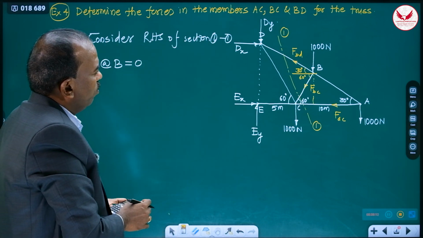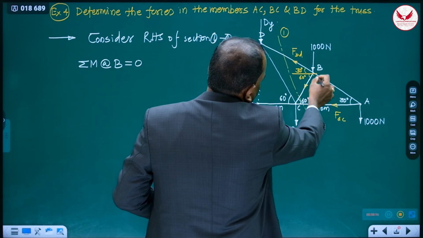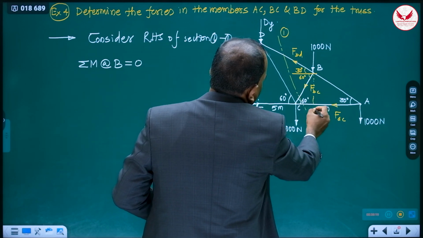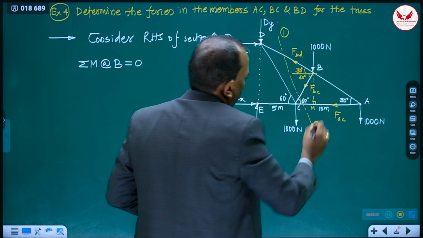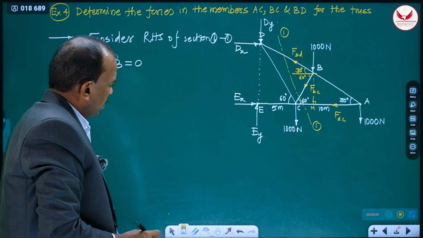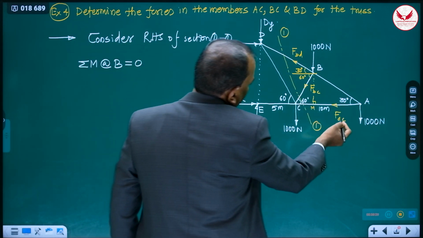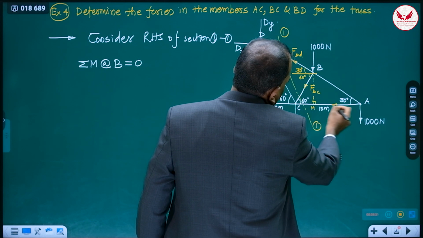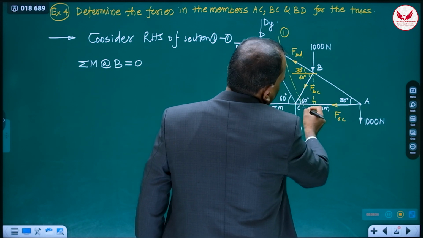And how can we calculate it? Now, what we know is this vertical distance; let us consider this point is M. For taking the moment, we need AM. How can we calculate this AM distance? The total AC is 10.